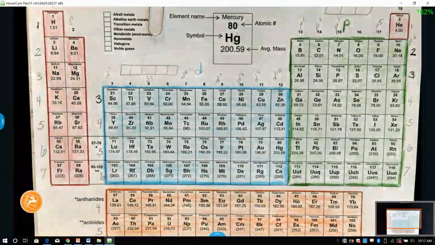And what is the noble gas that comes before it? Good, Kr. Now Kr finishes where? In the 4p. So we are finishing at what again? 4d2. Okay.